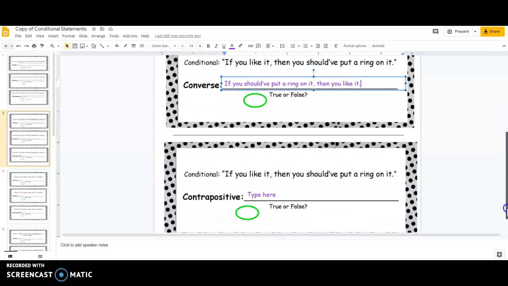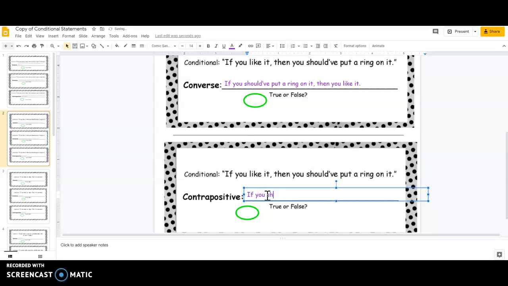My contrapositive negates it and switches it. So if you shouldn't have put a ring on it, then you don't like it.